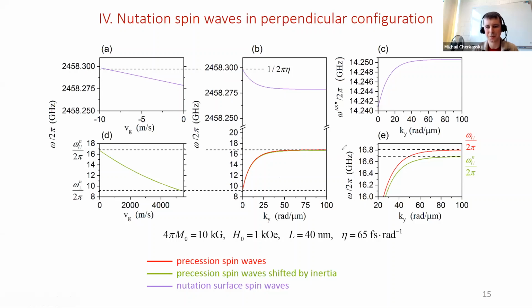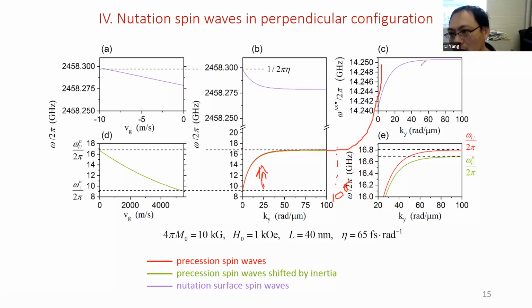This slope because of dipole-dipole interaction can be detected, and it's investigated with the magnetostatic approach. Okay, thank you. If there are more questions, I will be happy to answer.